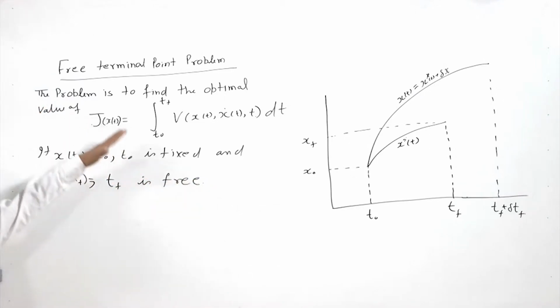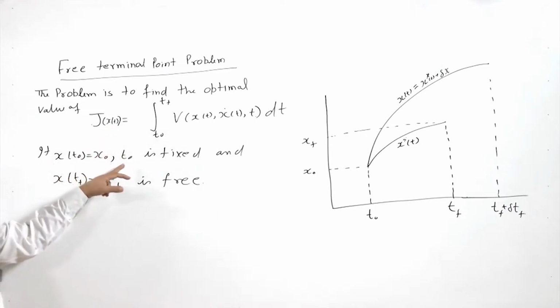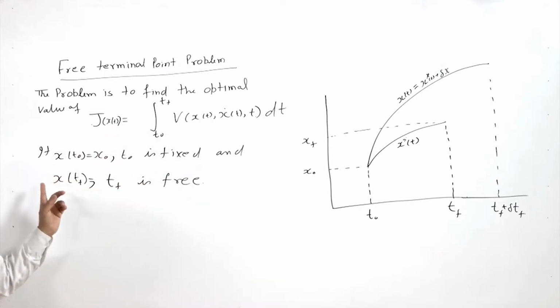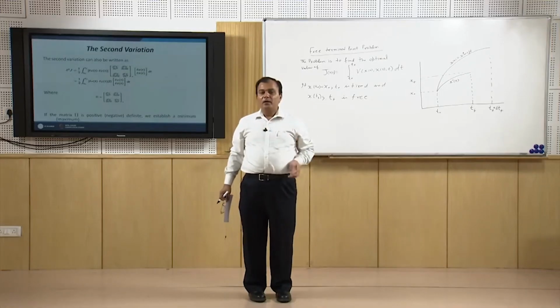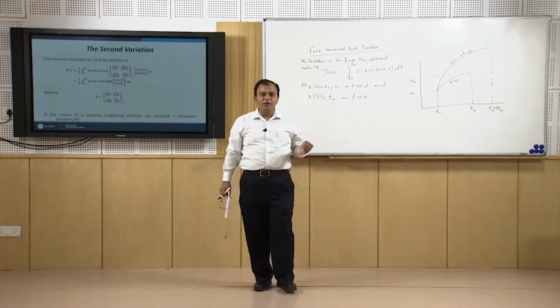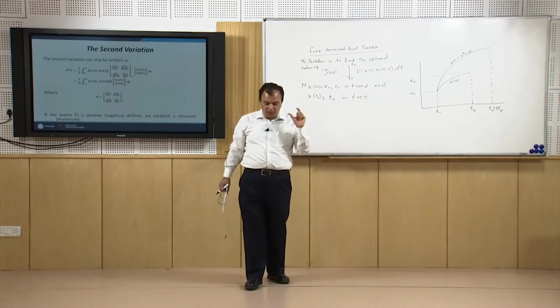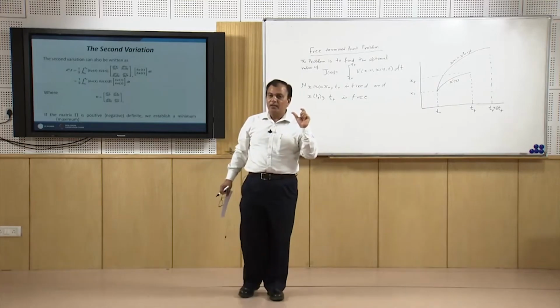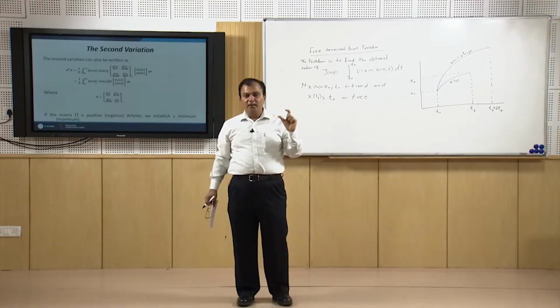We have to find the optimal value of J if my boundary conditions x(t0) equals x0 and t0 are fixed, and x(tf), tf are free. The basic approach to solve this problem is the same as we discussed for the fixed endpoint problem. First we will find the increment.